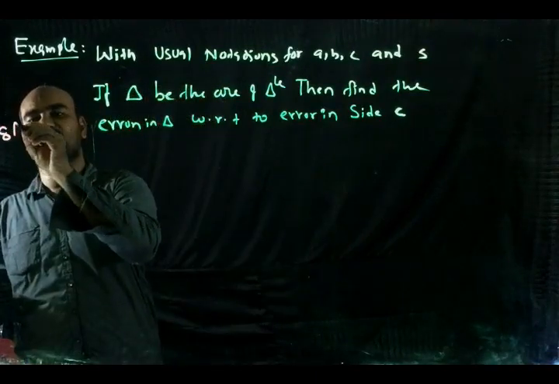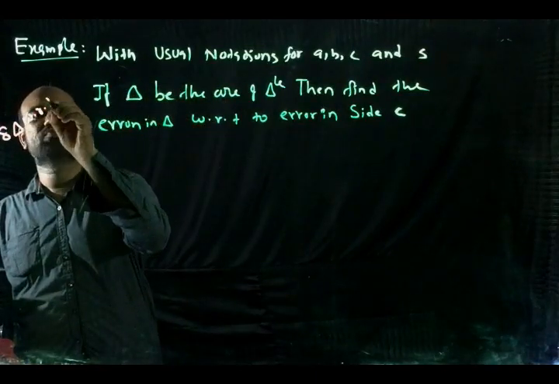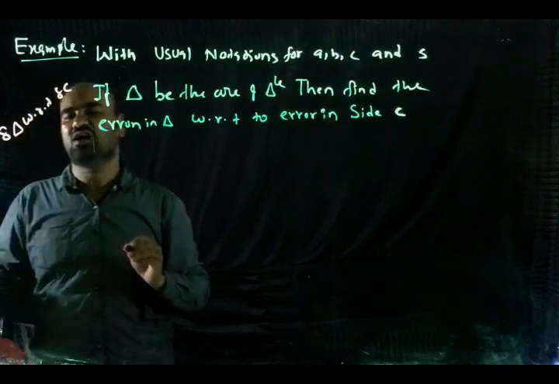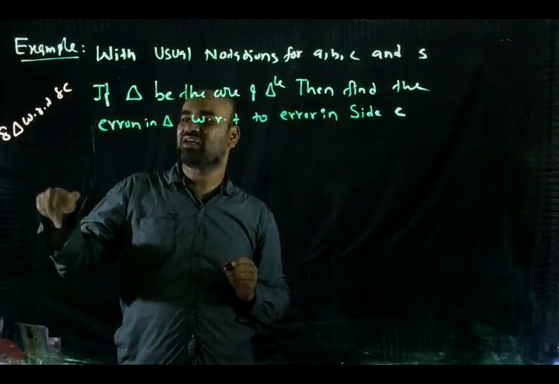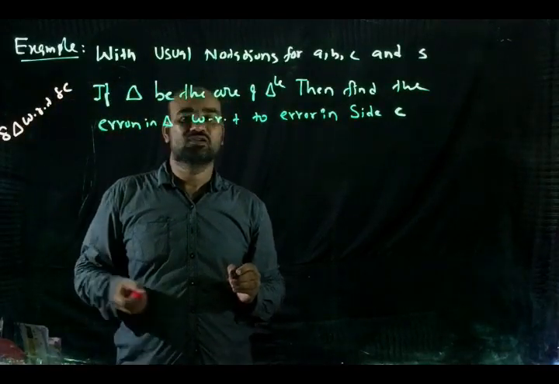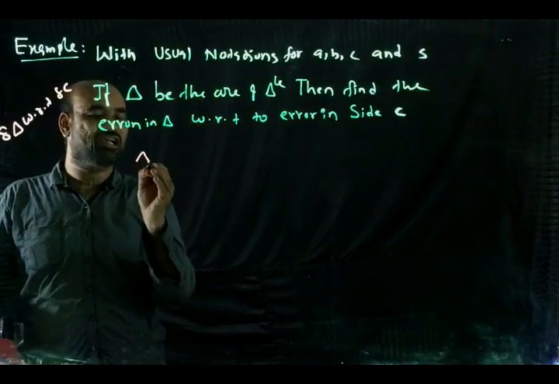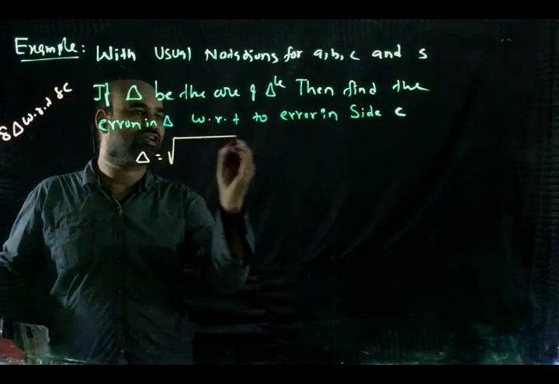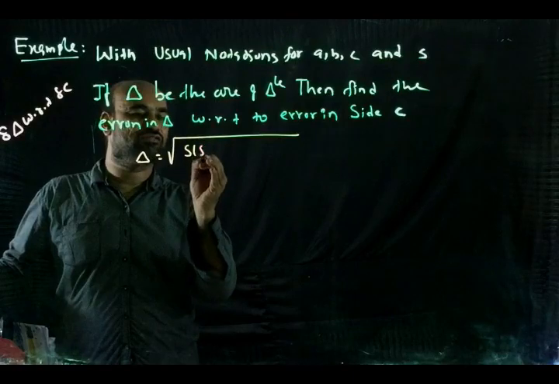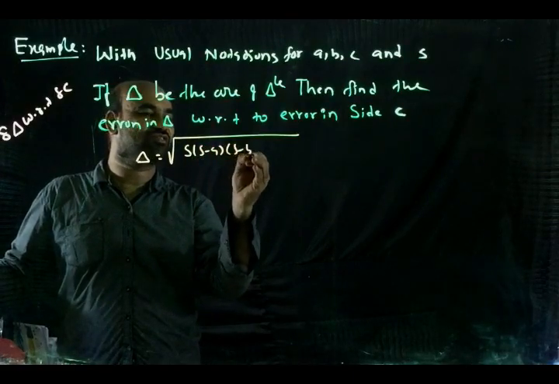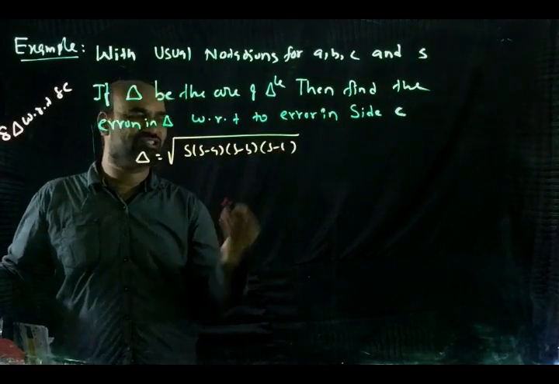Find delta with respect to delta C. So we know that delta is equal to root over S into S minus A into S minus B into S minus C.